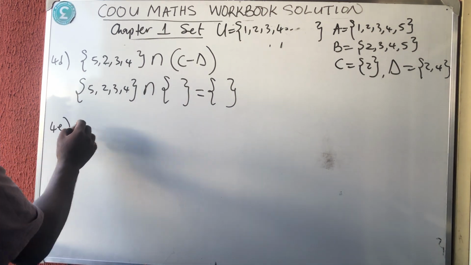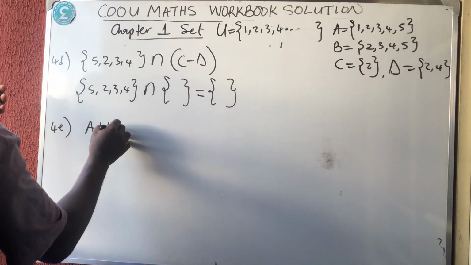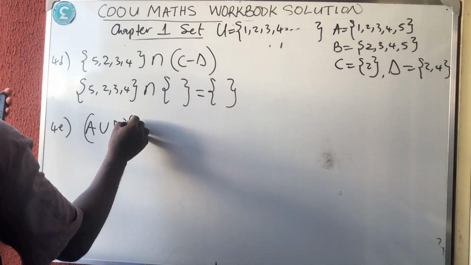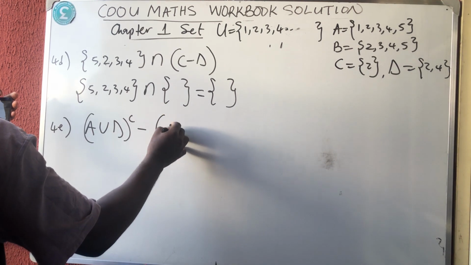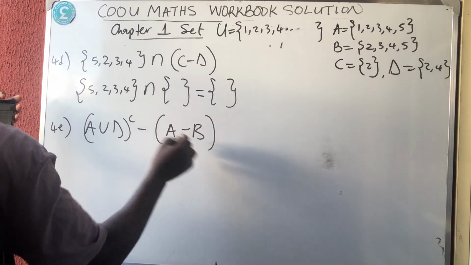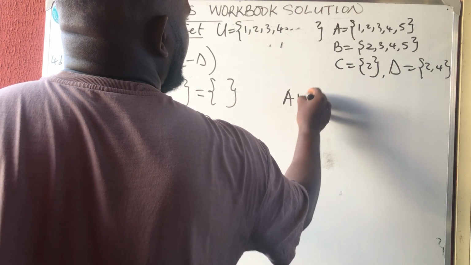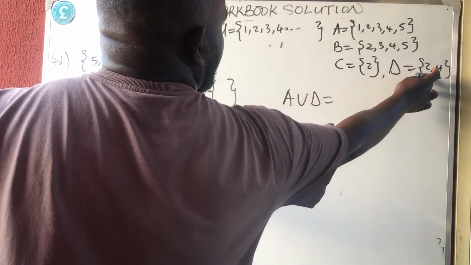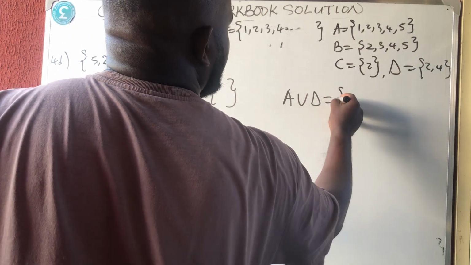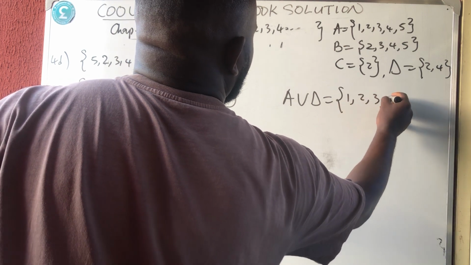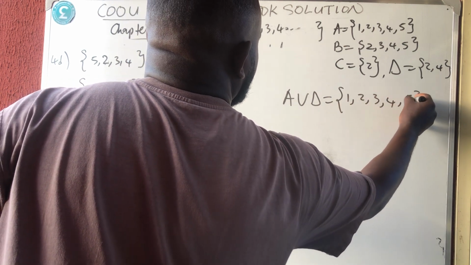4E said (A union D) all complement minus (A minus B). First, A union D means bring A and D together, which is 1, 2, 3, 4, and 5.